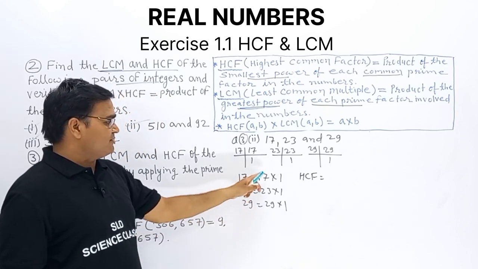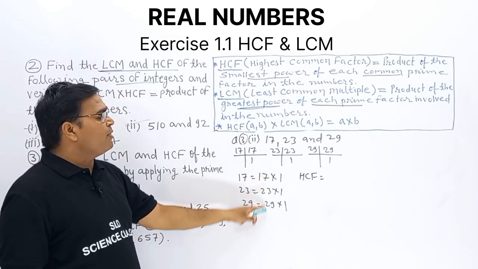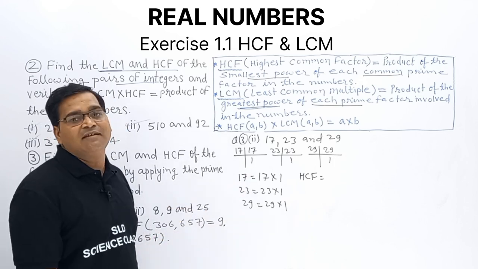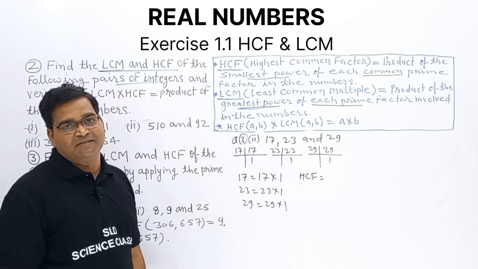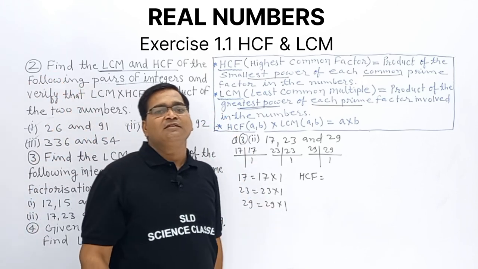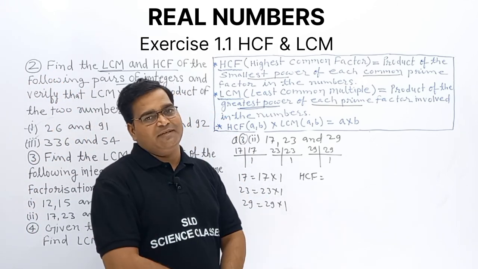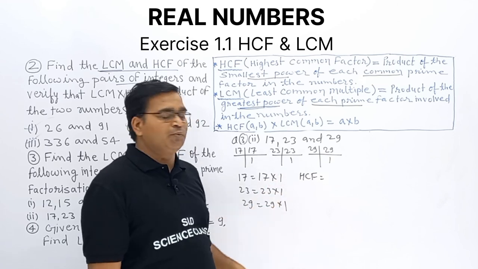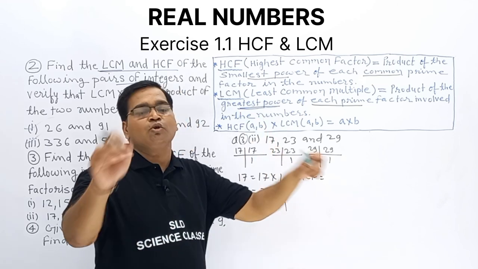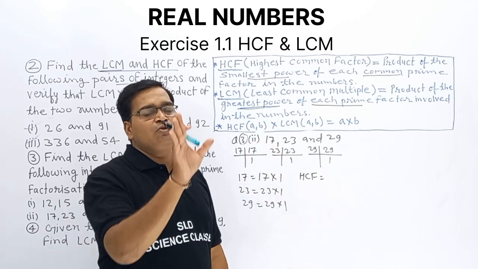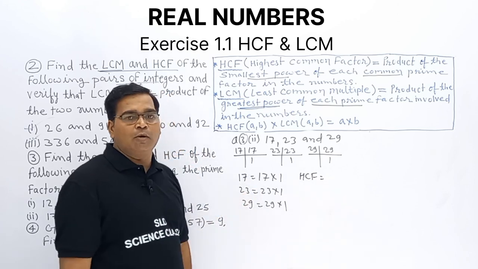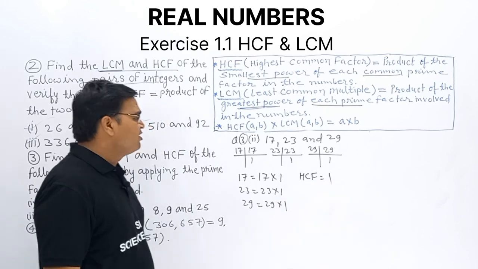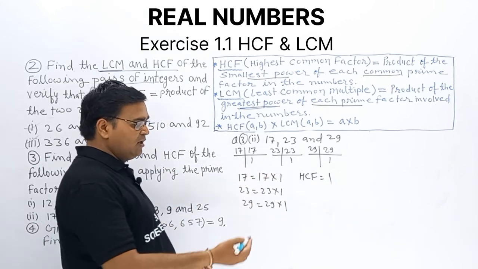Here no prime number is common. If no one is common, then we will use HCF equal to 1. 1 is not a prime number; 1 is neither prime nor composite. But if no prime factor is common, then the HCF is 1. Clear? So in this question the HCF value will be 1.